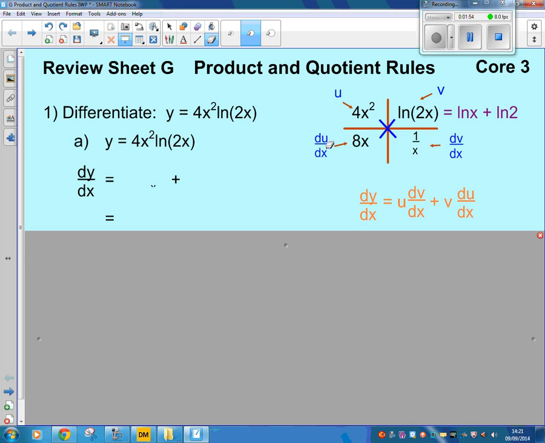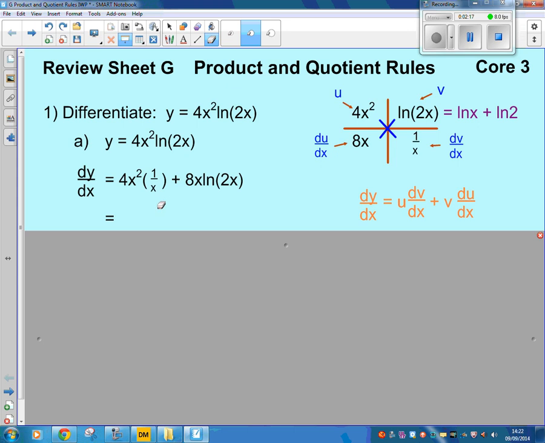So all you're doing is multiplying diagonally. So dy over dx becomes 4x squared multiplied by 1 over x, and then you add the ln 2x times 8x, and we'd normally put the 8x bit first, so you get 8x ln 2x.